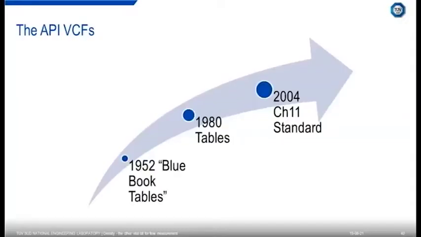The API volume correction factors have a fairly strong history, fairly strong pedigree. The first widely used ones were the 1952 Blue Book tables. These were then updated in the 1980s with the 1980 tables, and the most recent are the 2004 Chapter 11 standard versions.